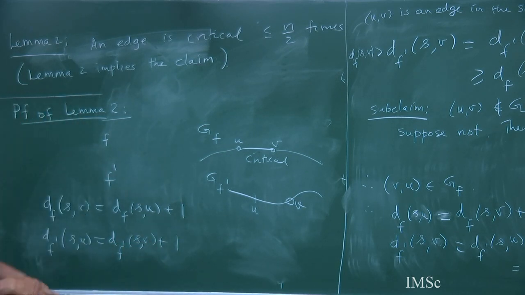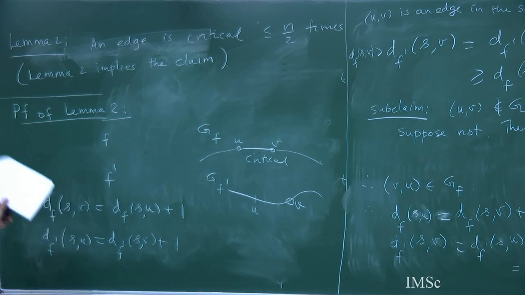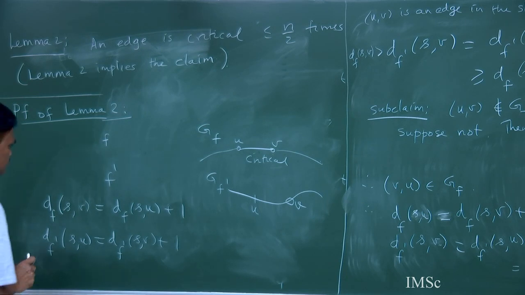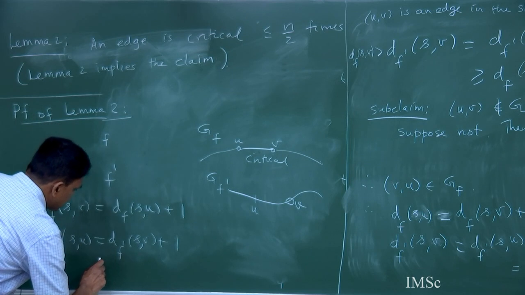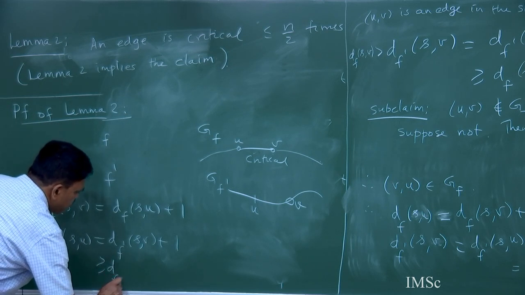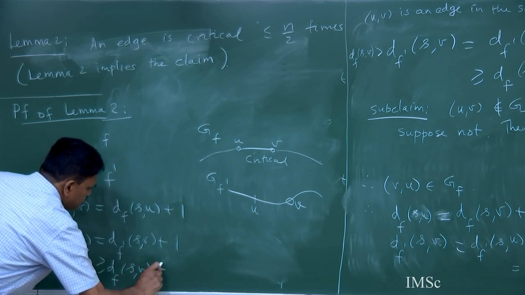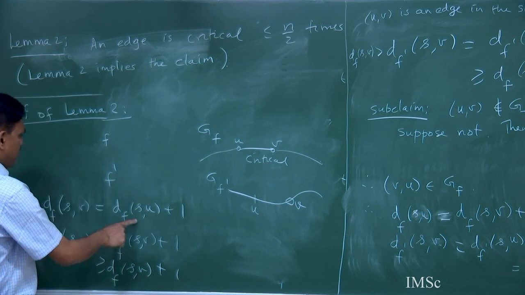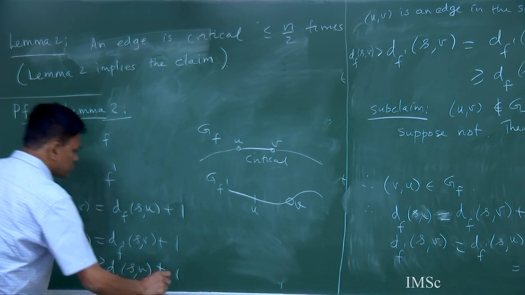But we know from lemma 1 that the distances never decrease. So this is greater than or equal to df(SV) plus 1, and df(SV) is df(SU) plus 1.